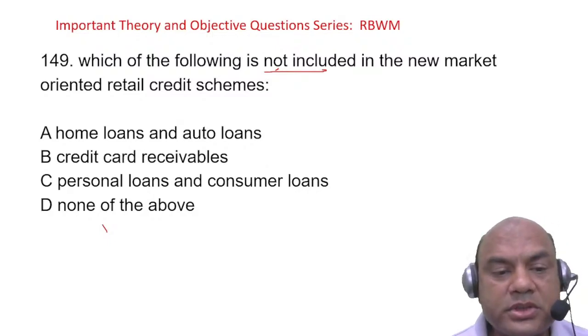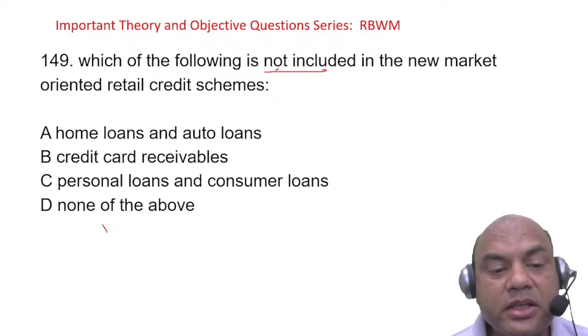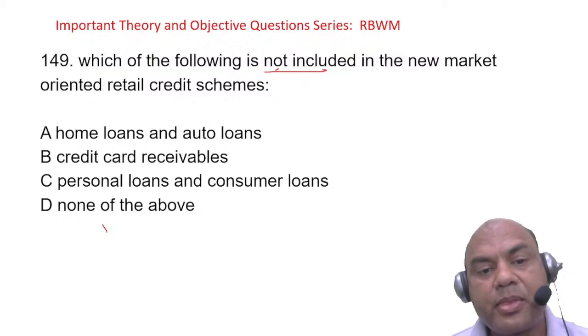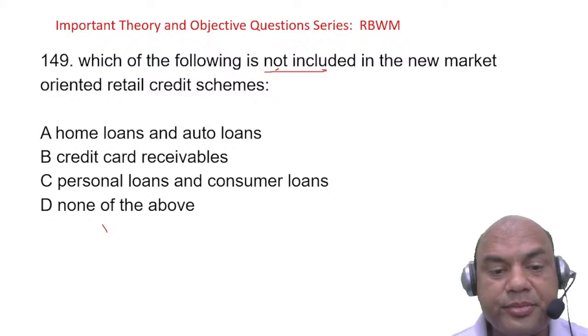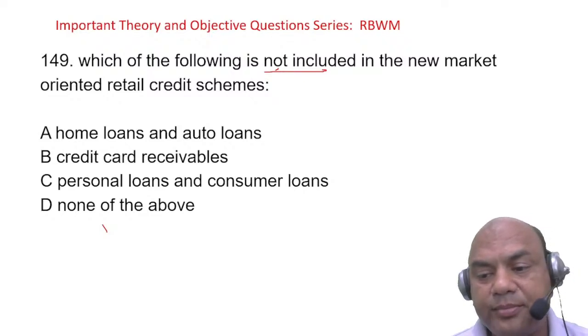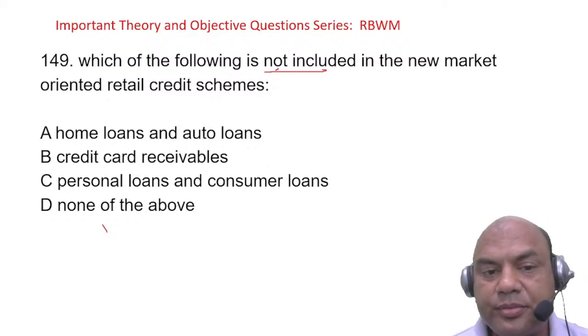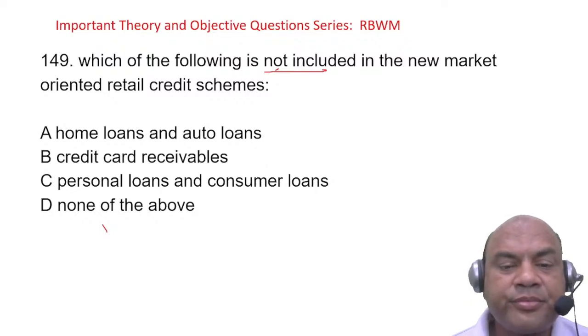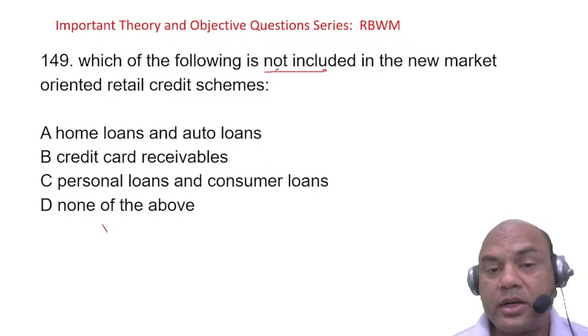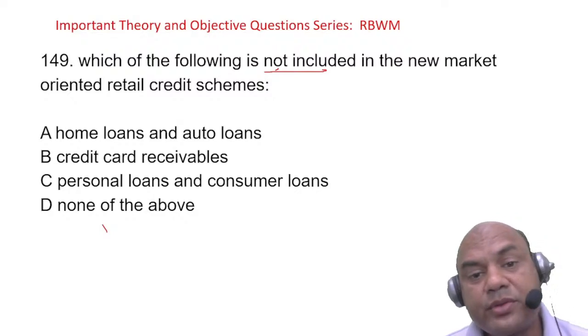Home loans, auto loans, credit card receivables, personal loan, consumer loans, none of the above. Think over it. Which of them is not included?